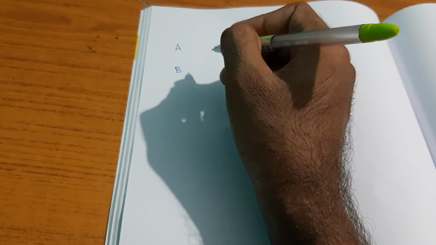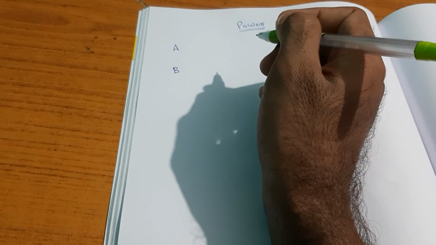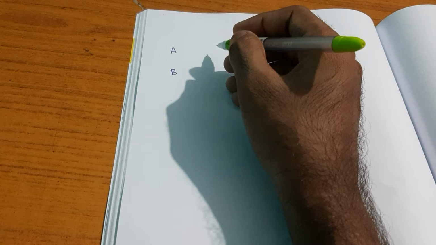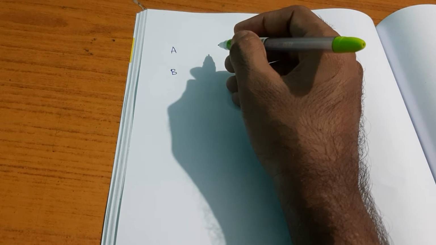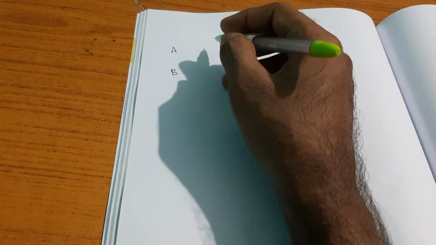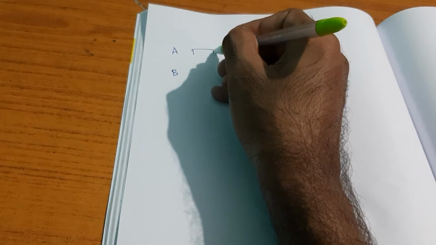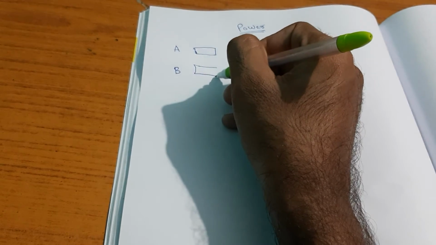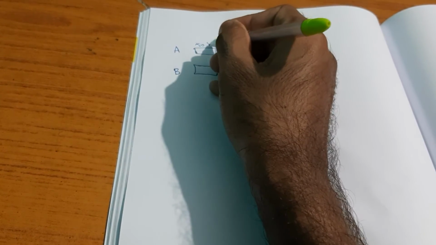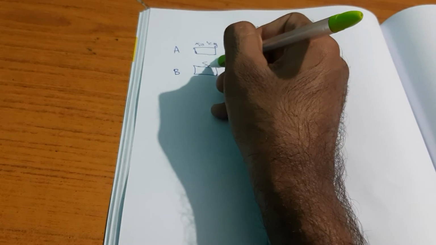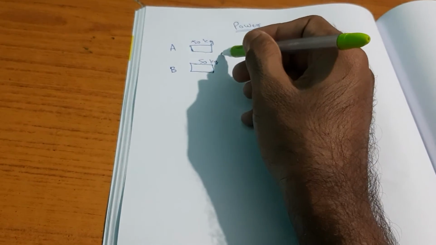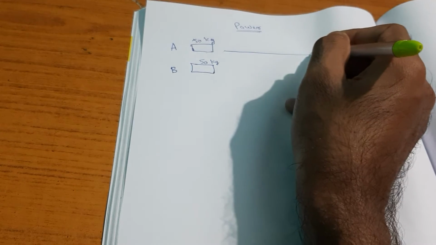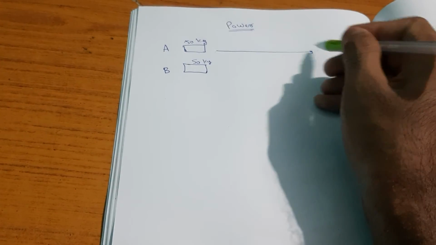Let us suppose we have two persons named A and B, and both of them are given a similar task. The task is to push a rectangular box of 50 kg to a distance of 1 meter.